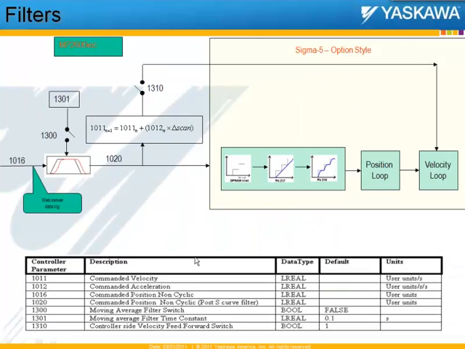For MP2600 IEC controllers with Sigma 5 option style amplifiers, the first two parameters work in the same way, except the switch parameter 1311 is non-existent on the 2600 IEC controllers. So instead of using a switch, we make sure that a different set of parameters in the servo pack are used for this kind of filtering.